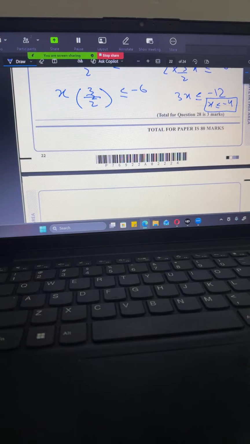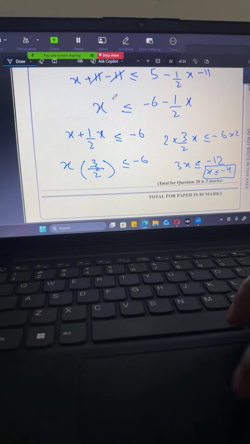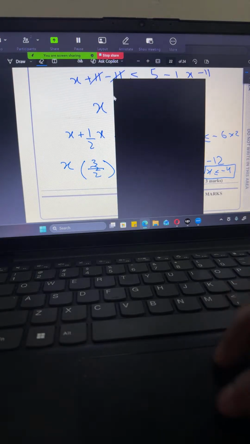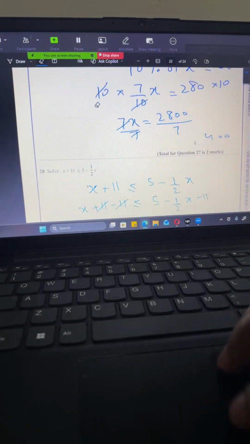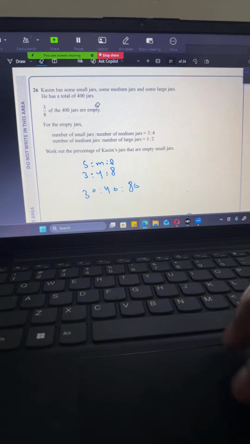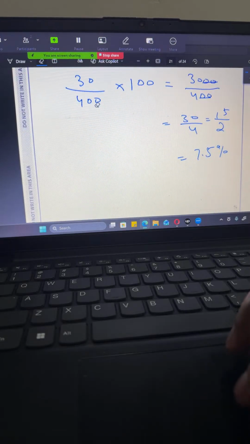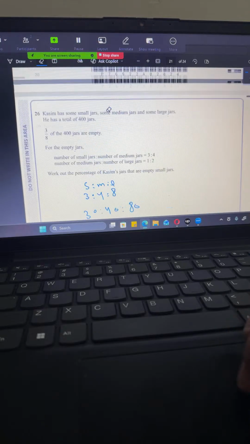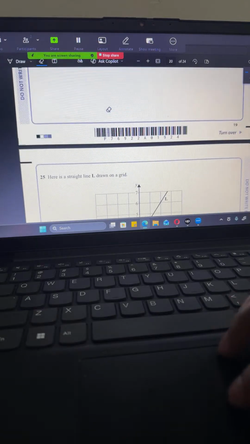This topic is a bit confusing, I know, because of the inequality sign. Yesterday I told you to note down some of the topics, right? Among them, I think you also need to work on basic multiplication and solving fractions, because in paper one you are not allowed to use the calculator, so you have to do it on your own.